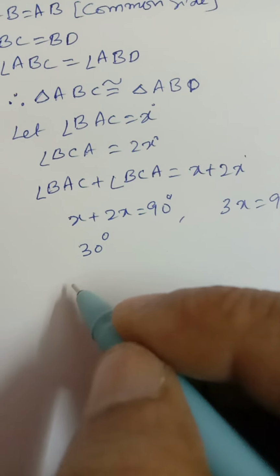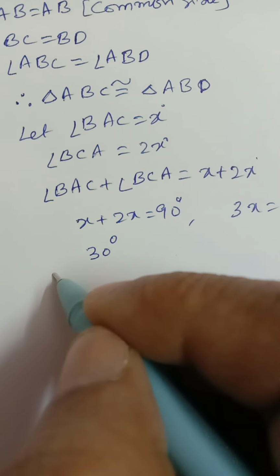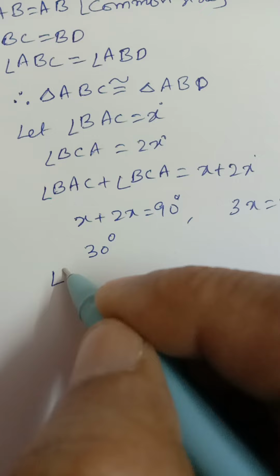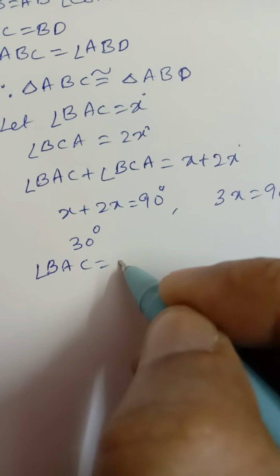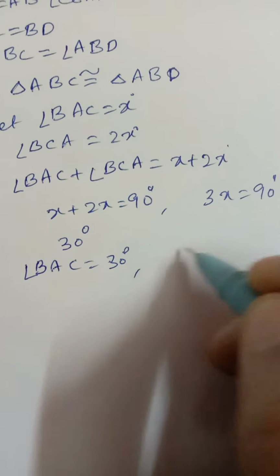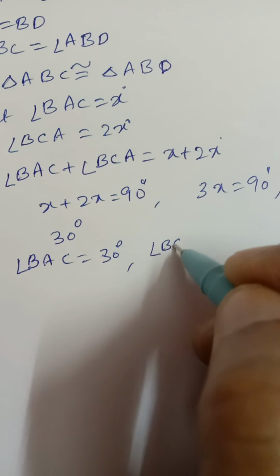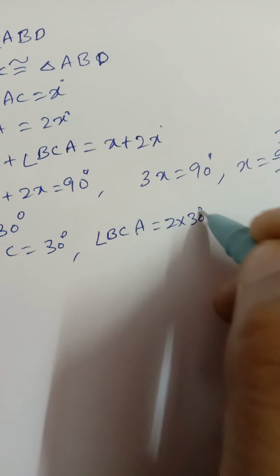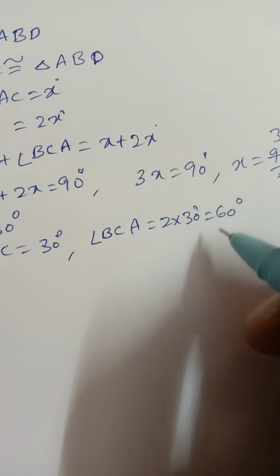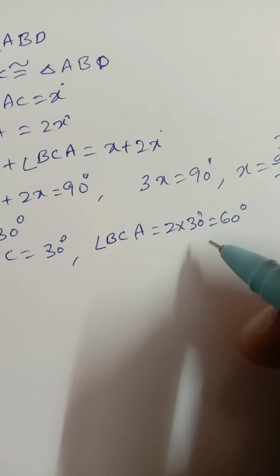Therefore angle BAC is equal to 30 degrees and angle BCA is equal to 2 into 30, which is 60 degrees.